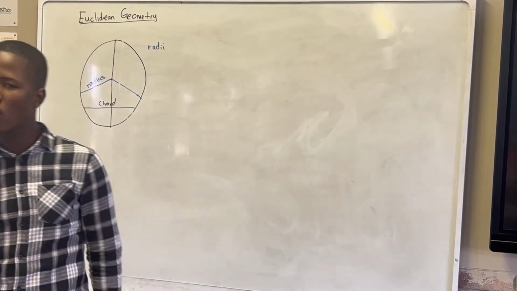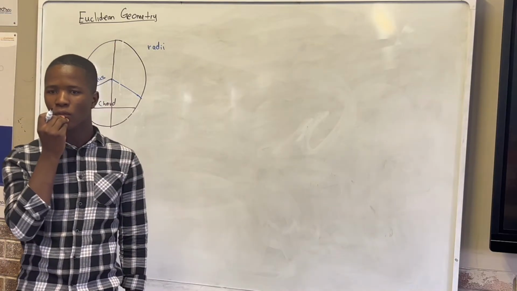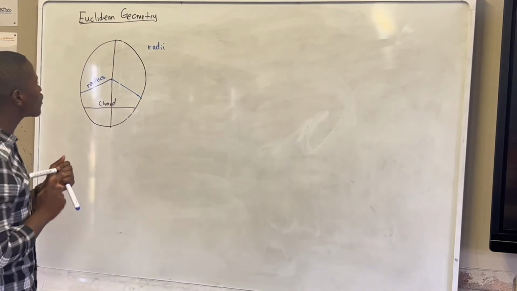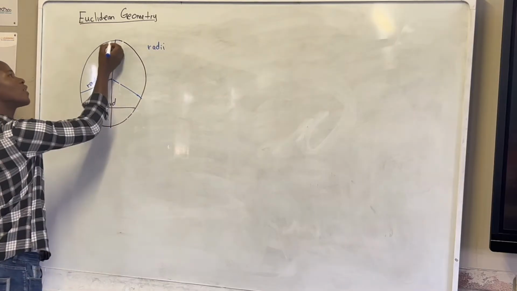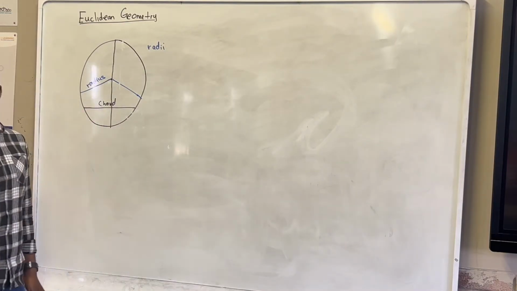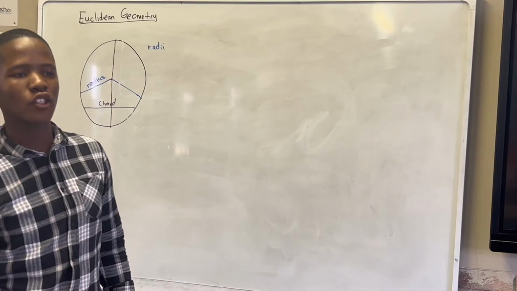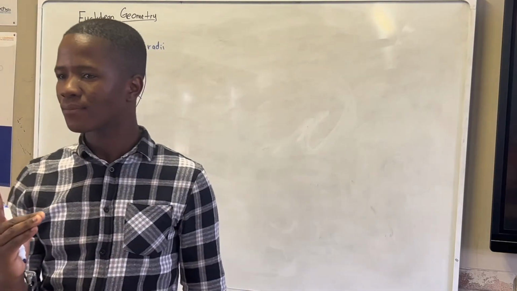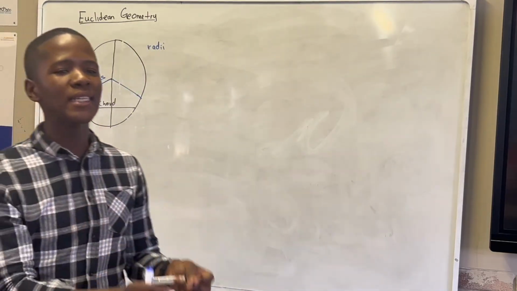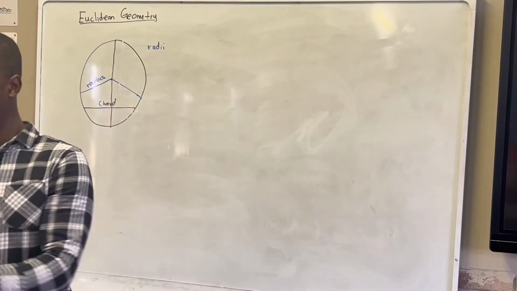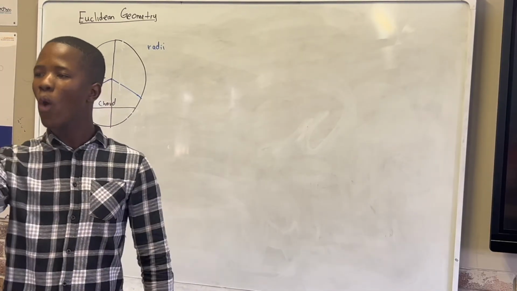Now, we have what we call a tangent line. Your tangent line is the line that touches the circumference of your circle once.